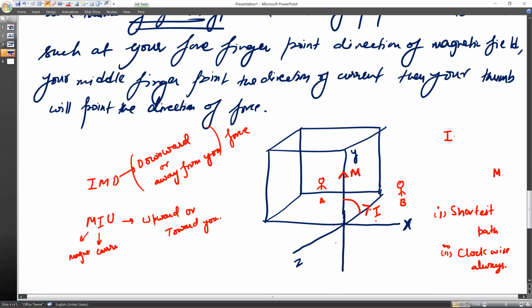So it will be towards the Z axis, X axis. You can do this one with your hands also. Place your forefinger upward, in the upward direction, and the middle finger representing the current should be into the screen. Then your force will represent the positive x axis. Yes, sir. Okay.